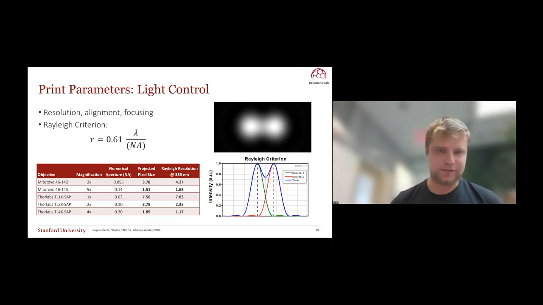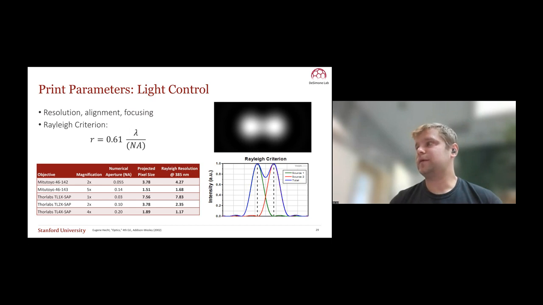So as you can imagine, this is a process that needs to be very finely controlled. One of the first things is light control. You want your light to be focused, and you want each pixel to be resolved. The native pixel size of the projector is about 7.56 microns, which is right about the size of a red blood cell.